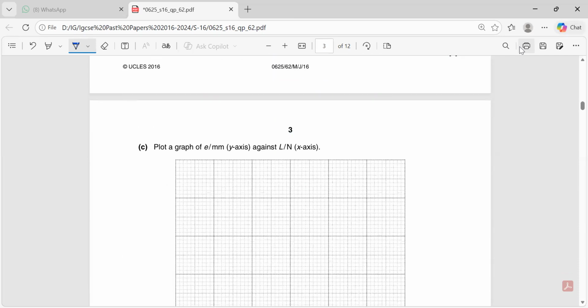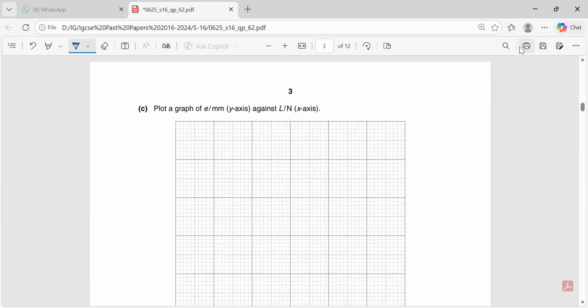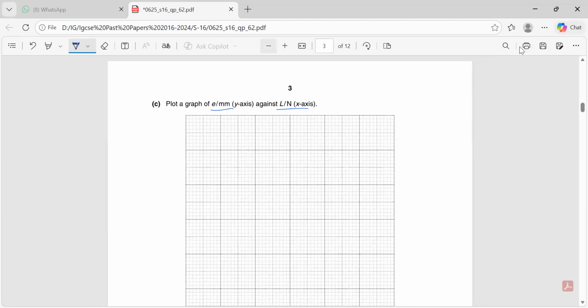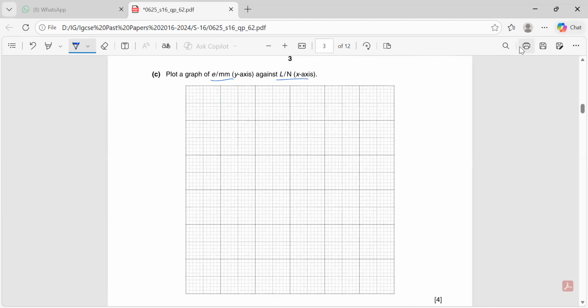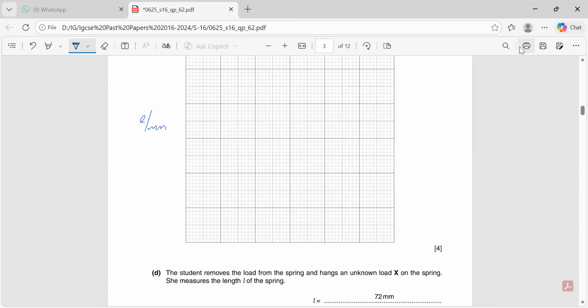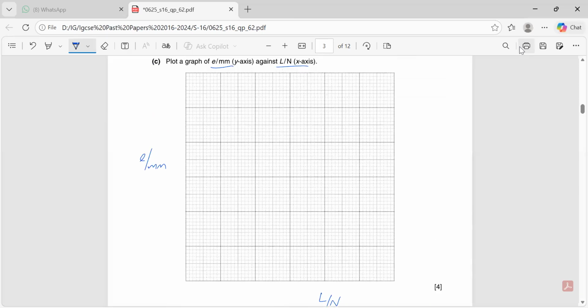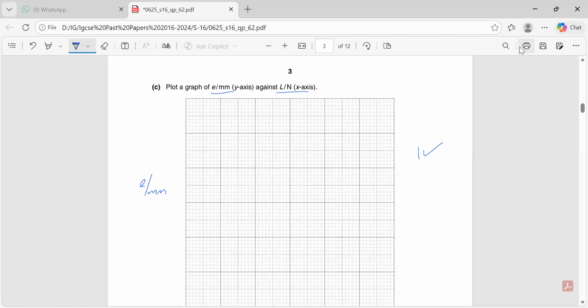Now, plot a graph of extension in millimeters on the y-axis and load in Newton on the x-axis. I will just squeeze it a little bit. By writing so, we have scored the first mark, just by writing this, my dear friends.